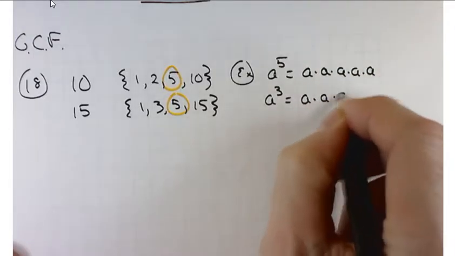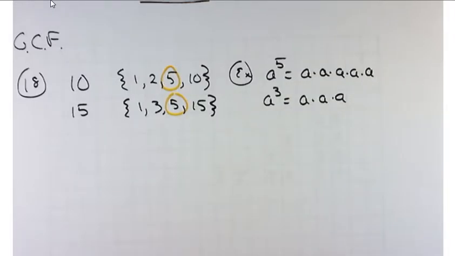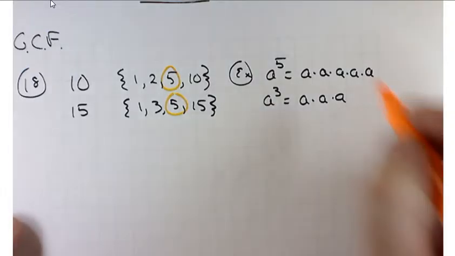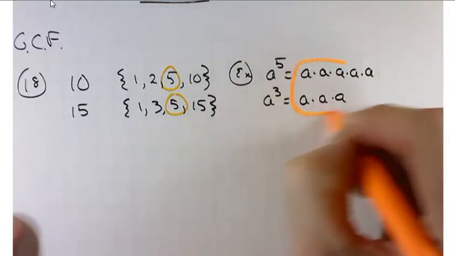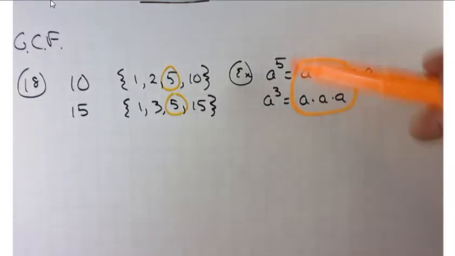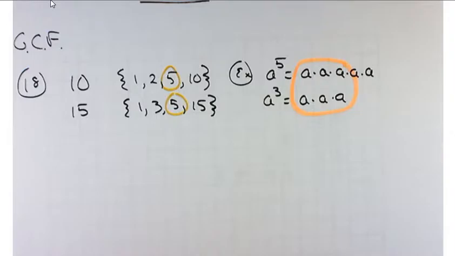And likewise, a to the 3rd is a multiplied by itself 3 times. But if I asked you what they had in common, what would you say? A cubed. So when you're talking about the GCF of these terms that have exponents, then it's the most that they both have.